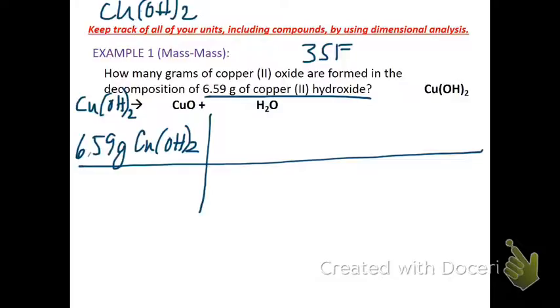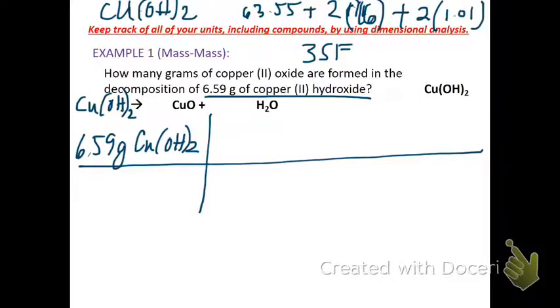So copper is 63.55 plus I have 2 oxygen, so I do 2 times 16, plus I have 2 times 1.01 for hydrogen. So I add all that together, and I get that the molar mass of copper hydroxide is 97.57. So it goes on the bottom.